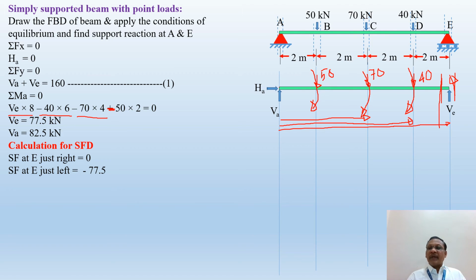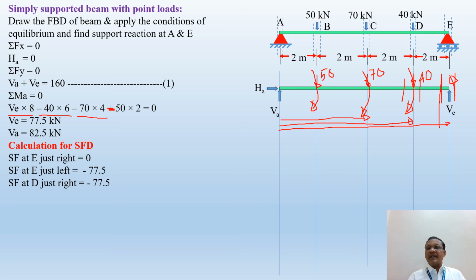Then the second section you take, section at D. So while you are taking the section at D, shear force at D, just right. How many forces are acting at D right? Only one force is acting, VE, on the right hand side of this section. So shear force at D is equal to minus 77.5.